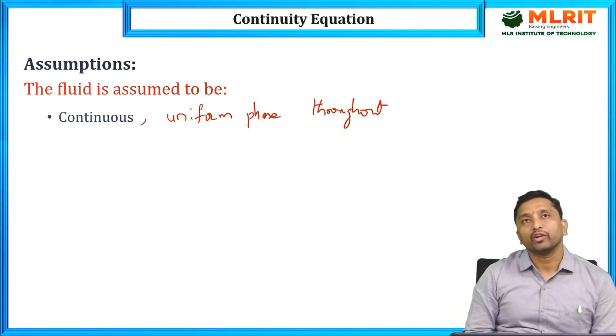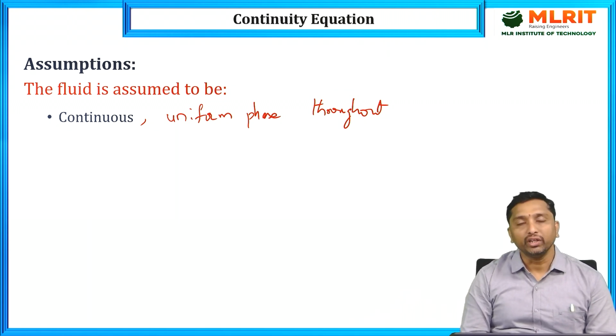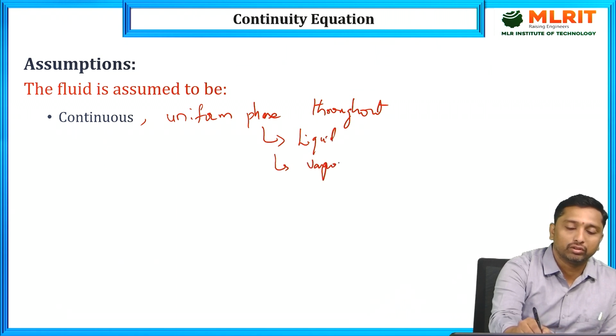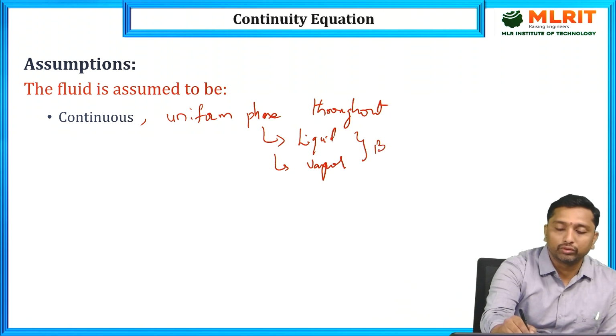That means there cannot be different types of phases of the flow or fluid. So it has to be either liquid or vapor, but it cannot be both.